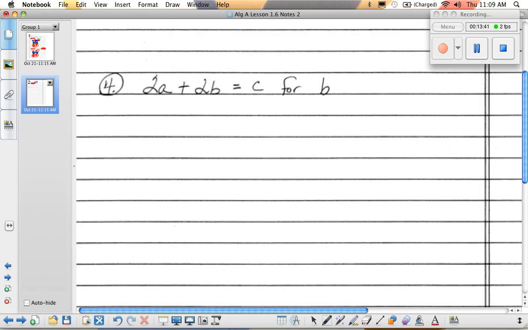But just decide what's your first move. You want to get B alone. So these are the B's. Oh, you're still up here. Okay. Well, we want T alone. It says T minus R. How do we undo subtracting R? Add R. So you add R to both sides, not divide by R.